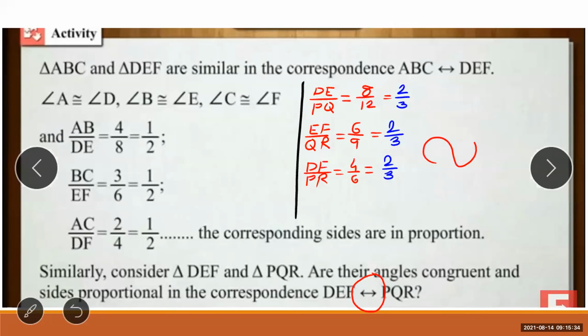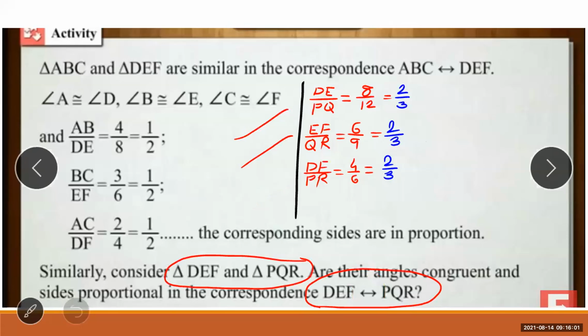This is the symbol of congruency, and the corresponding, that is this one. Now let's check the side proportionality for those two triangles, triangle DEF and triangle PQR. The ratio I have written already here.